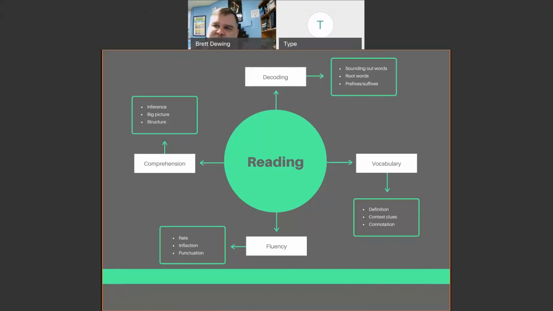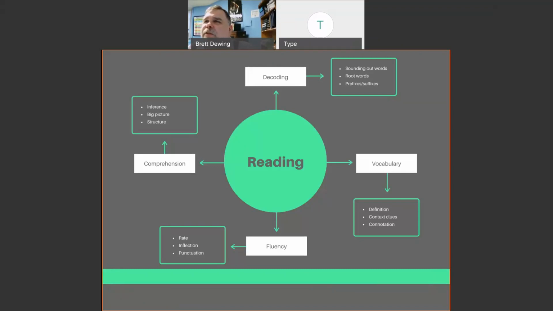Does your voice go up or down? Those things. And even though it's reading out loud, it helps with reading to yourself as well, because your brain picks up the tricks of reading out loud and you sort of read out loud in your head, if that makes sense. It helps you understand what you're reading.